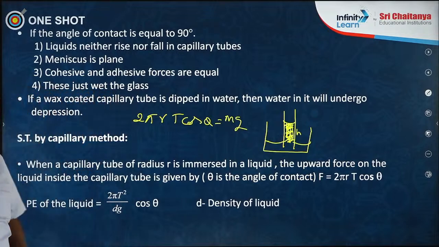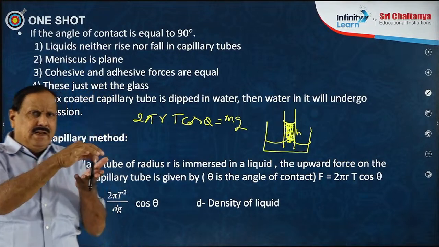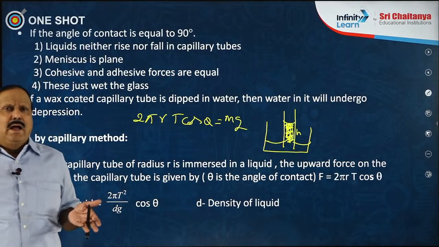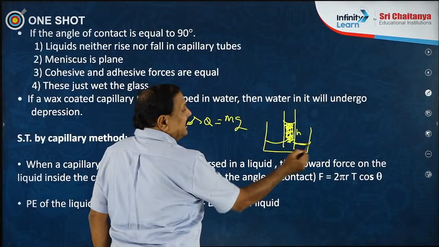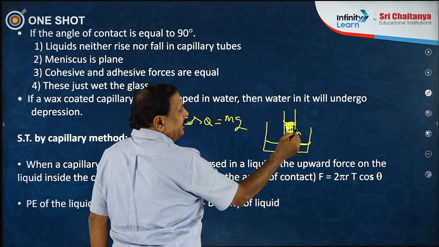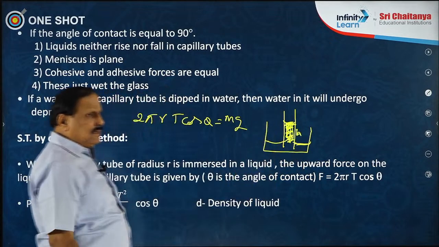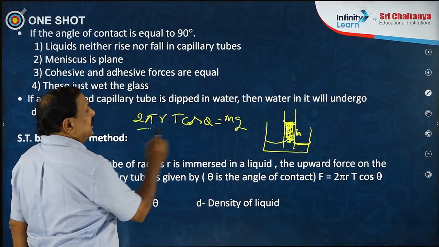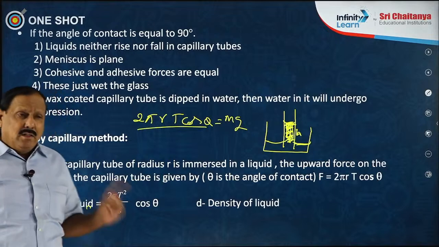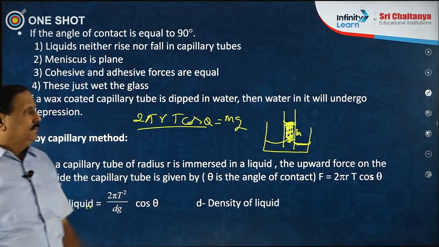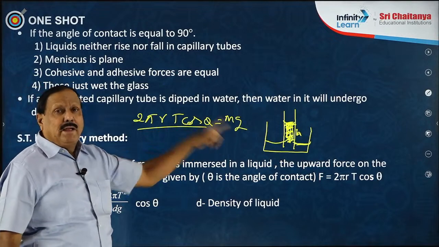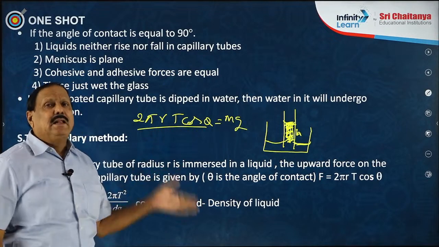Again I repeat, when a capillary tube is immersed in a liquid like water, water rises into the capillary tube, and compared with the level in the beaker, this height will be at some different height h. Now what is the fundamental equation? There is an upward force 2 pi r into T cos theta on the liquid which is in the capillary tube. That upward force is equated to mg. Until then the liquid rises.